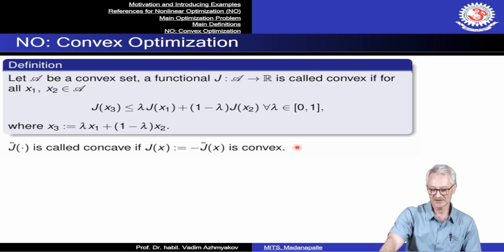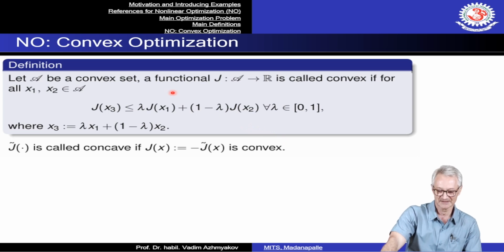After this we introduce the convexity property, not of the set, but the convexity definition related to the functional. And of course, we think about our objective functional. If we speak about a convex functional in general, one can consider a general definition, but in our case we are related to the optimization problem.